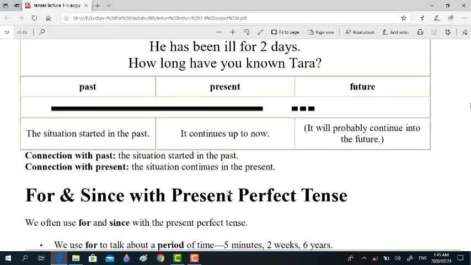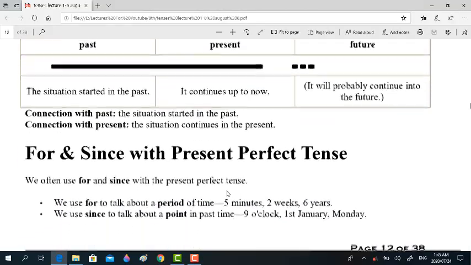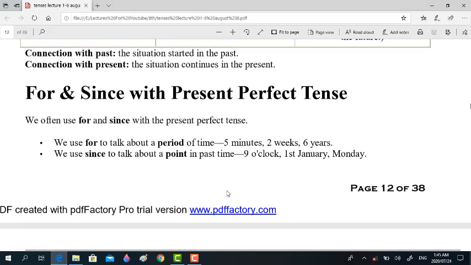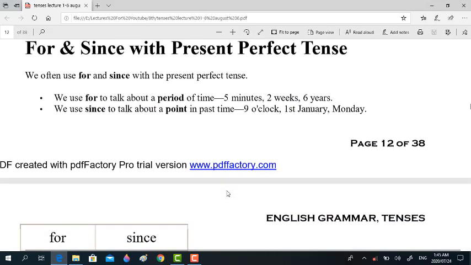Okay, use of since and for with present perfect tense. We often use for and since with the present perfect tense. We use for to talk about a period of time: 5 minutes, 2 weeks, 3 years.